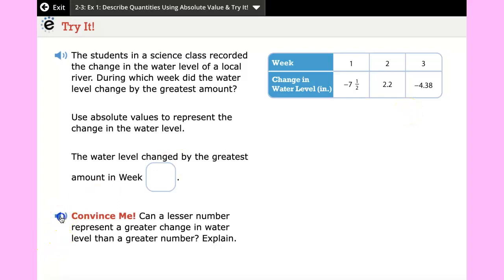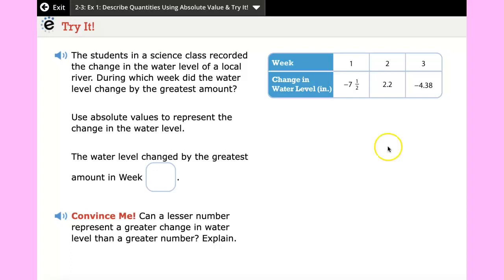Convince me: can a lesser number represent a greater change in water level than a greater number? Explain. If you remember the previous example, the absolute value of -34 versus the absolute value of 19, the absolute value of -34 is still considered the greatest change because we see the change in a positive way.